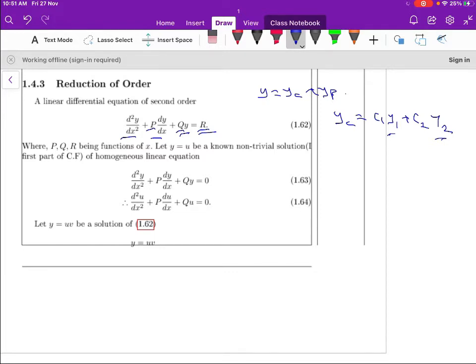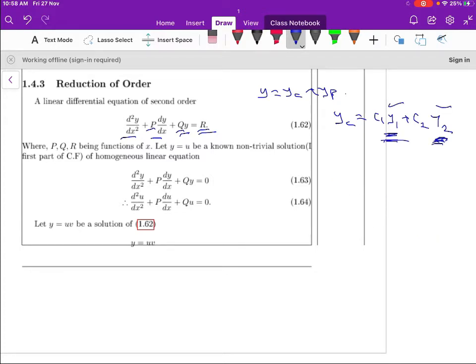If it is an nth order differential equation, the solution for the homogeneous equation is generally yc is equal to c1 into y1 plus c2 into y2 and so on plus cn into yn. In this form we can write.